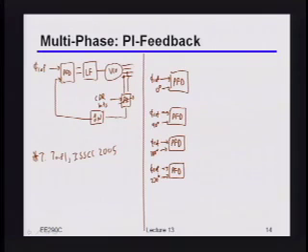Now you should think of the output of the PFD as including, let's be totally clear, the charge pump directly afterwards as well.